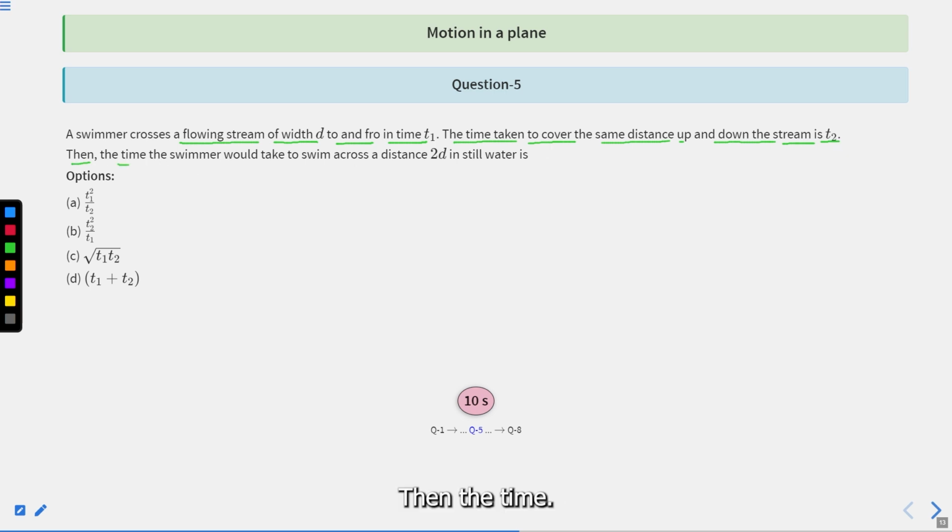Then the time this swimmer would take to swim across a distance 2D in still water is what? T1 square by T2, T2 square by T1, under root T1 T2, or T1 plus T2. Which one is correct? You have 10 seconds to solve this question. After that we will provide the solution.